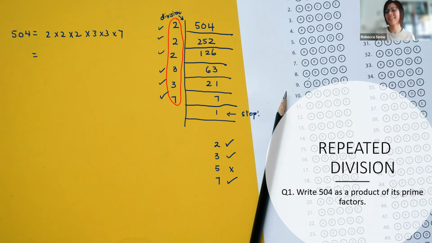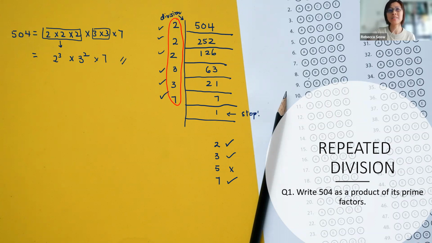Not convinced? Use your calculator and check. It is 504. Okay, now let's condense these numbers. This would make up 2 to the power of 3. This would make up 3 to the power of 2. And 7 is on its own. So this would be the answer when we write 504 as a product of its prime numbers.